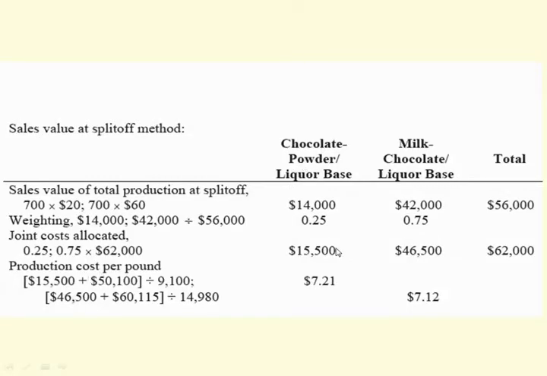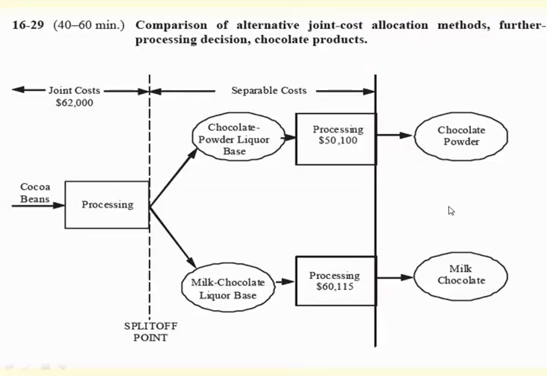So its share in the joint costs is 15,500 plus separable cost 50,100, divided by the number of pounds, 9,100, which equals $7.21 per pound for the first final product, which is chocolate powder.